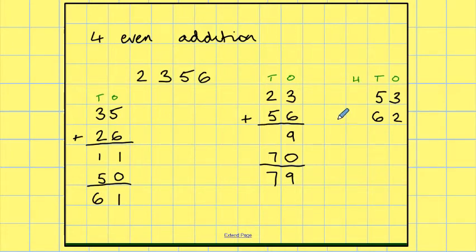See if I'm right. Plus. I've got my 3 and my 2 is 5. And I've got 5 lots of 10 and 6 lots of 10 gives me 11 lots of 10. So then my sum there would be 5 and nothing is 5. Nothing and 1 is 1. Nothing and 1 is 1.